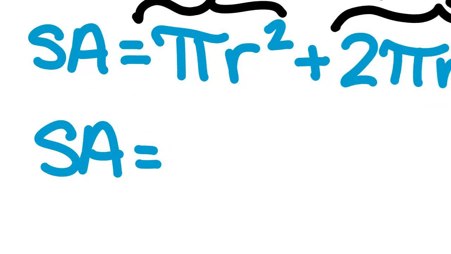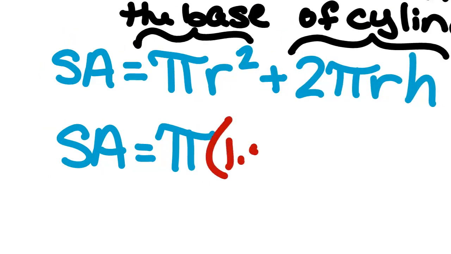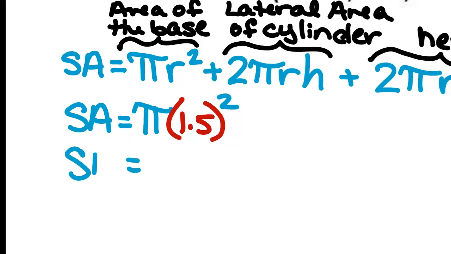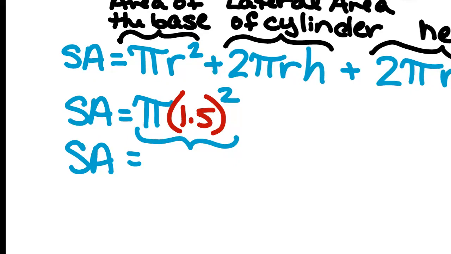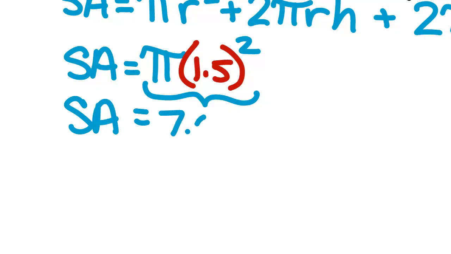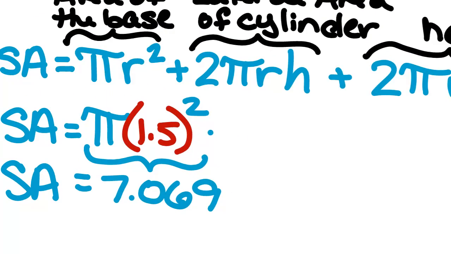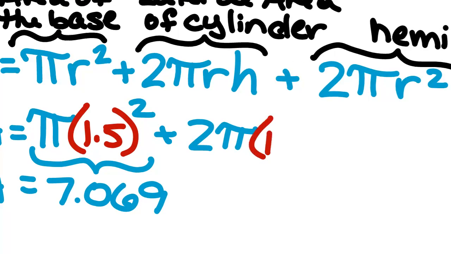All right, so we do pi r squared, which is going to be pi times what? Pi times 1.5 squared. What do we get if we just do that part? Pi times 1.5 squared. 7.069, plus 2 pi times our radius of 1.5 times the height of what?